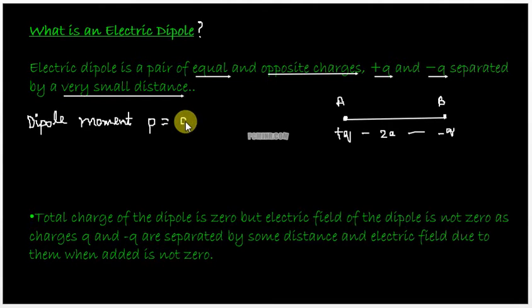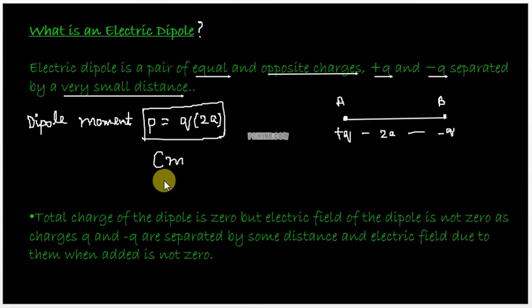So P is equal to q times 2a. We are just considering the magnitude. So it's any charge times the distance 2a. That gives you the dipole moment. And from here, the unit comes out to be coulomb meter, right? So dipole moment, q in coulomb and meter for the distance. So dipole moment is coulomb meter, and the formula is q times 2a.